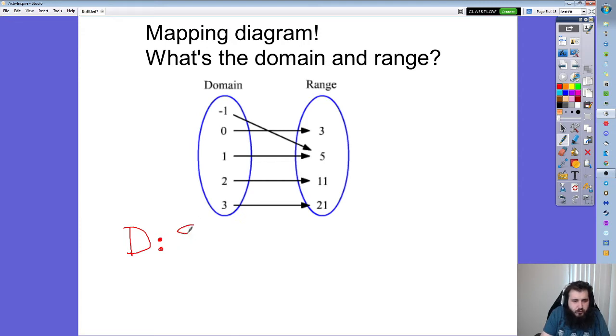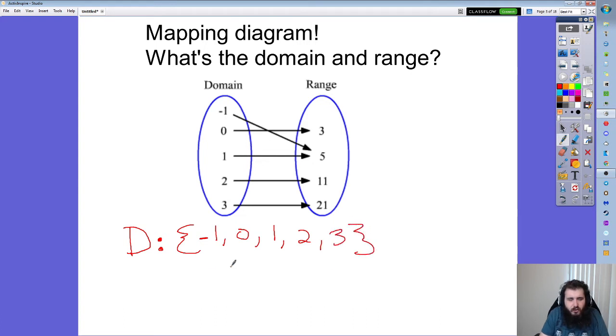And then I'm going to write a set. Get the curly braces, and I'm going to list all of the different things that are in the domain. Here I've got -1, 0, 1, 2, and 3. So those are my list of numbers that it makes sense to use for this particular relation, which happens to be a function, and we'll talk more about that later.